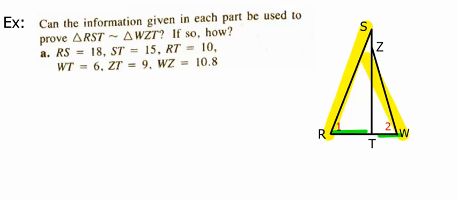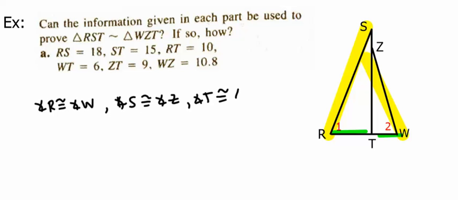So let's see if this given information allows us to say that these two triangles are similar. Angle R has to be congruent to angle W. Angle S has to be congruent to angle Z. Angle T has to be congruent to angle T. Now, angle T is angle RTS, and angle T on the right is angle WTZ.